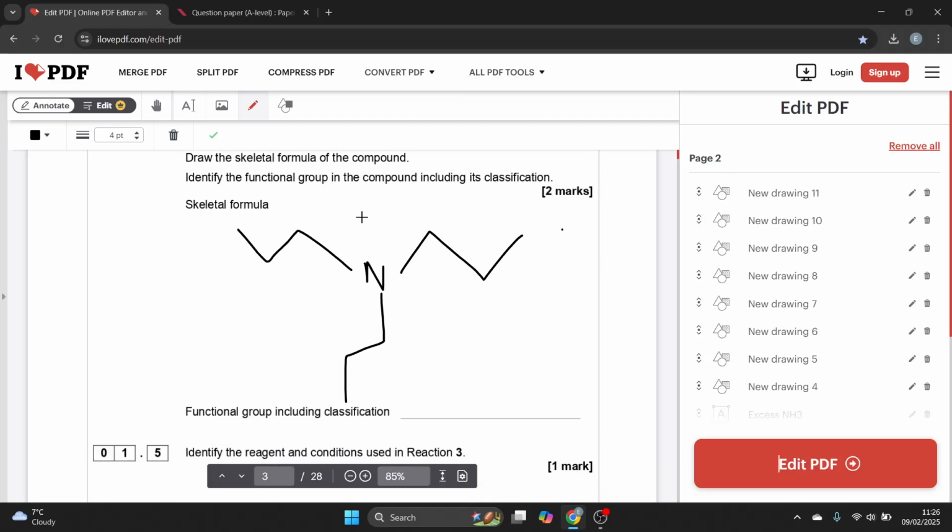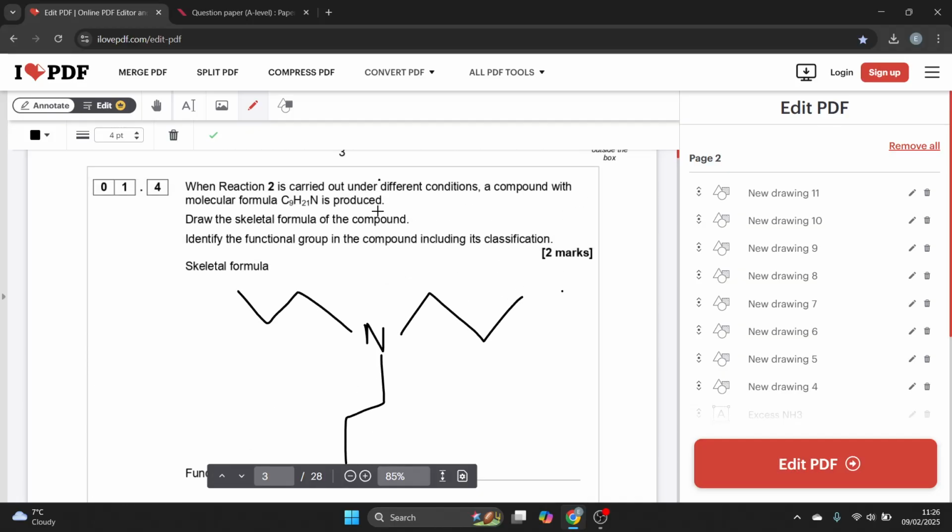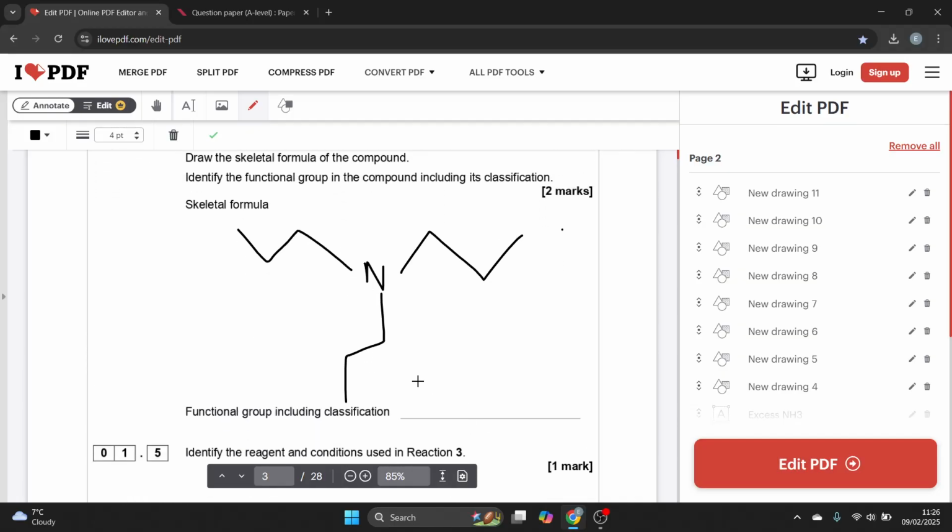Identify the functional group in the compound, including its classification. Tertiary amine.